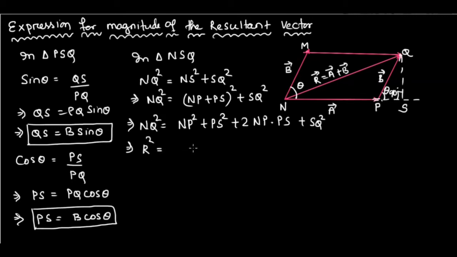NP is the length of vector A, the magnitude of vector A. So NP square means A square plus PS square, and PS is B cos theta, so B square cos square theta, plus 2 into NP into PS, that is 2 into A into B cos theta, plus SQ square.